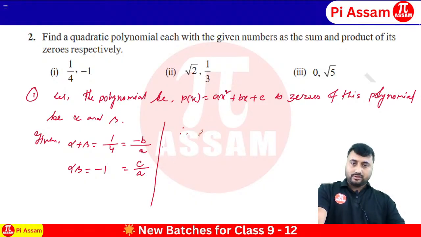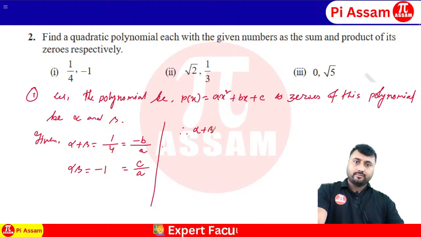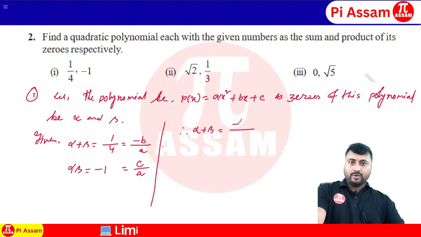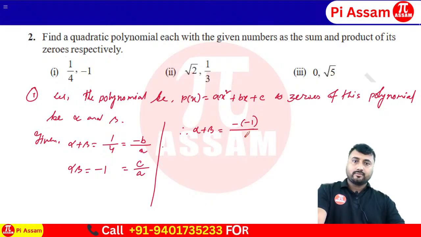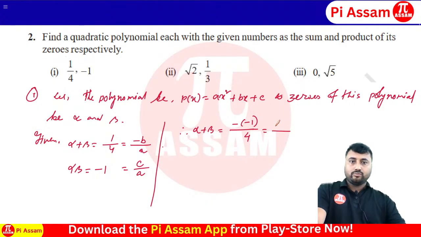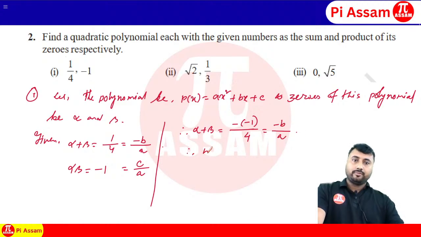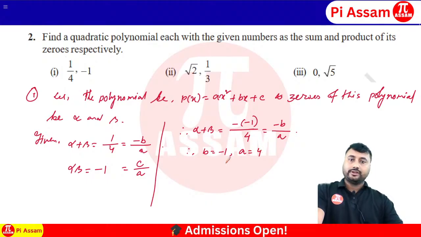So therefore alpha plus beta is equal to 1 by 4, which is equal to minus b by a. Therefore b will be minus 1 and a equal to 4.